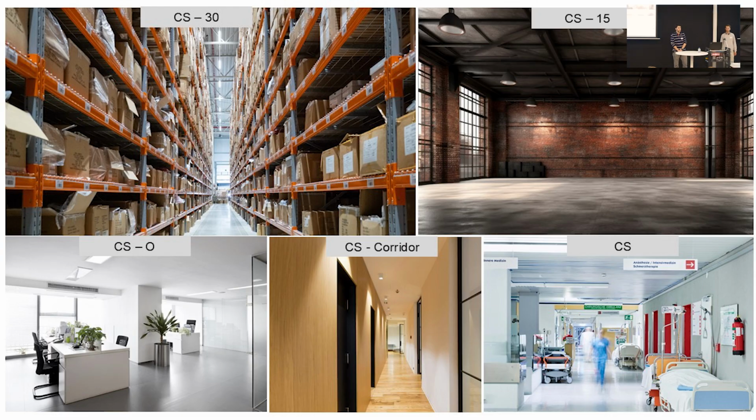Here you see the different use cases of the sensors we have. As previously said, the -30 on the top left is for high ceilings, and the corridor is for wall mounting for elongated spaces. And we have even the -15 for offices and the normal CS.